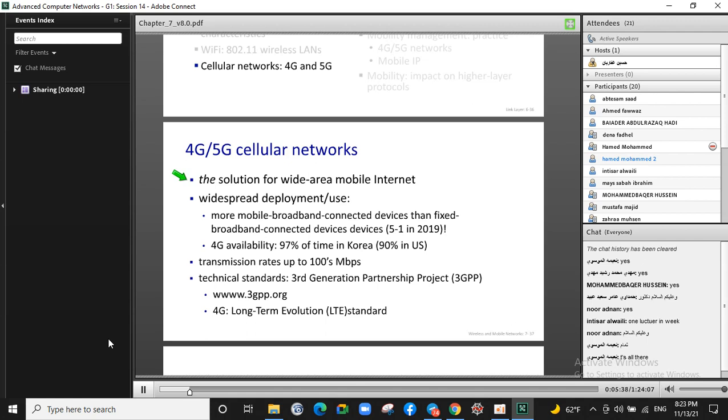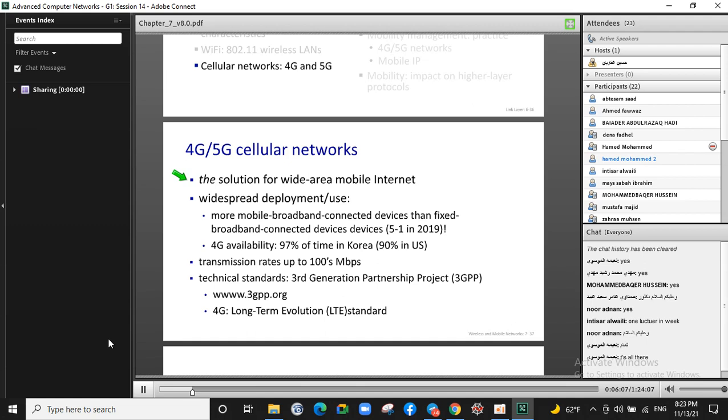In 2019, the number of mobile broadband connected devices against the number of fixed broadband connected devices was 5 to 1. It means that if I have one fixed broadband connected device on the internet, at the same time I have 5 different mobile broadband connected devices.